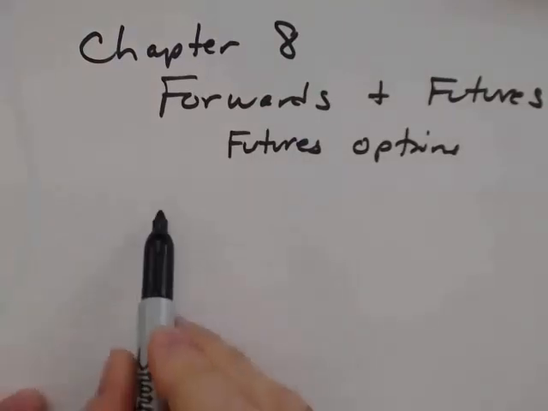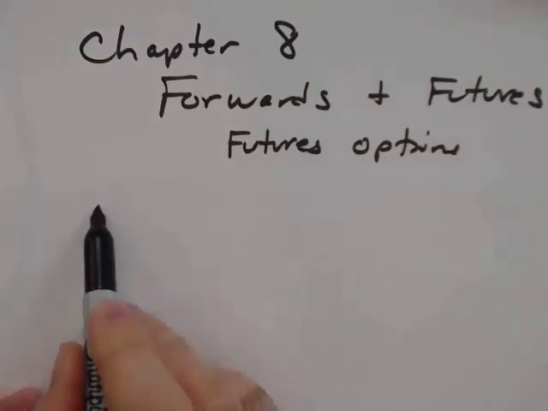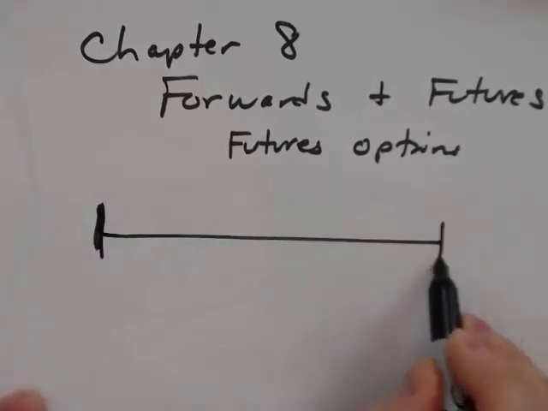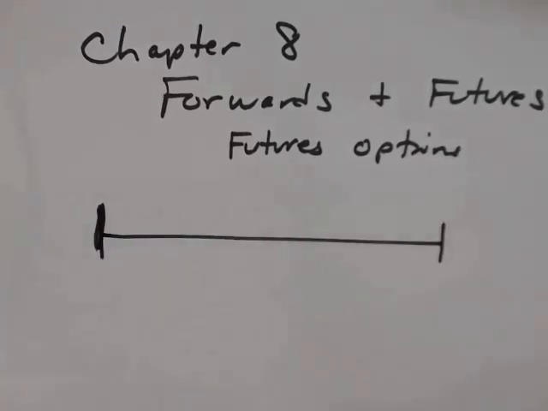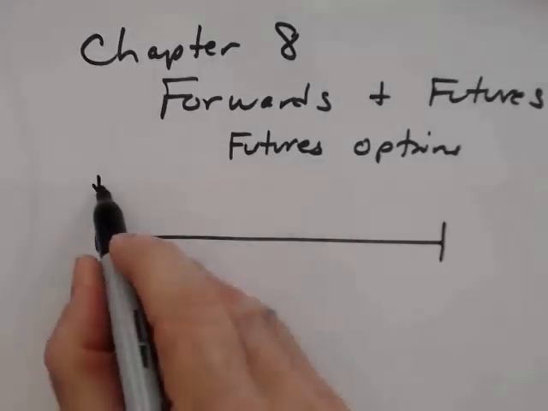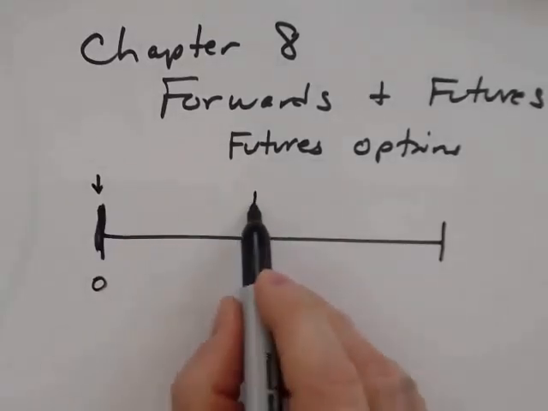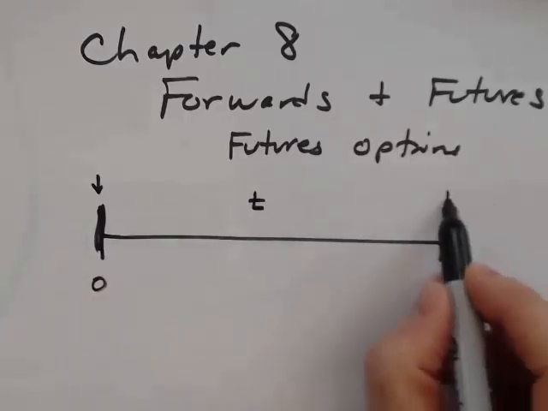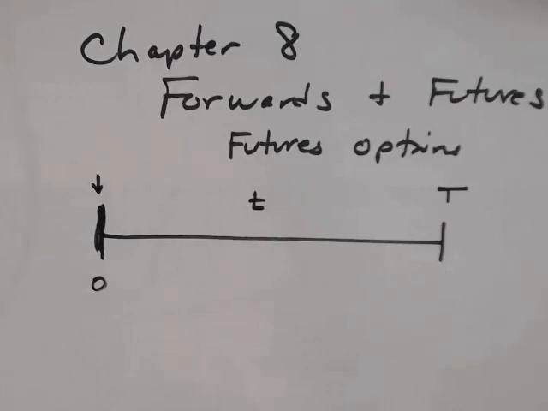So let's keep in mind here now how one of these things operate. So remember, when you enter into forwards and futures contracts, you enter into them at time zero, and then through some time t, and then at time capital T, the futures matures.